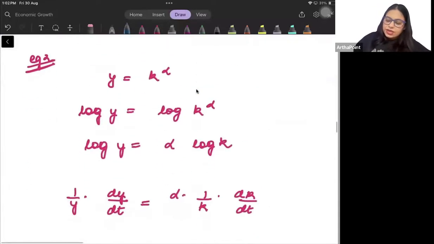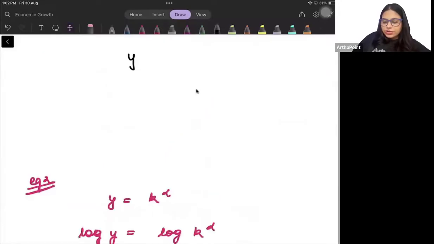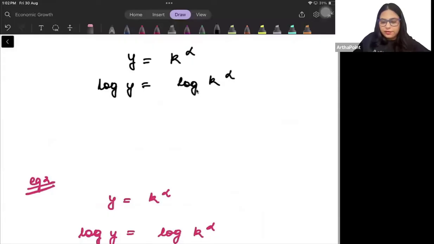ऐसे ही if you remember हमने अपने production function को कैसे लिखा था? We had written the production function as y is equal to k to the power alpha. So if I take log on both sides, log y is equal to log k to the power alpha. Use the property log m to the power n will be n log m.